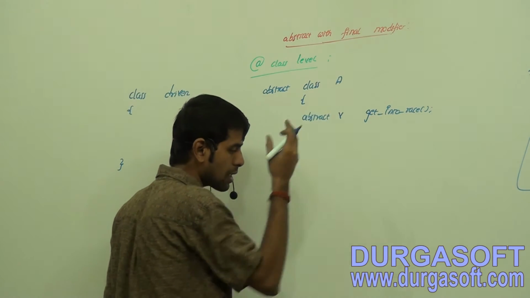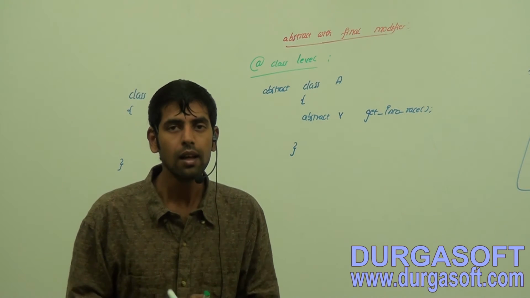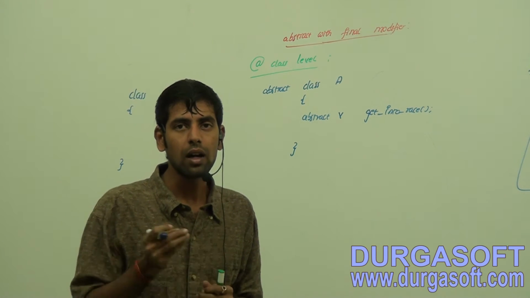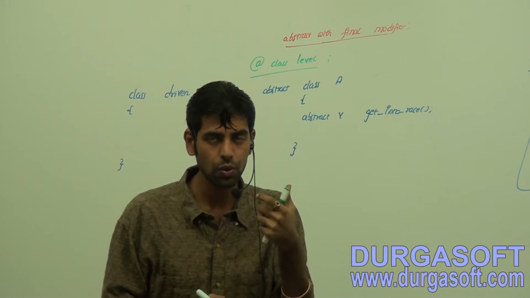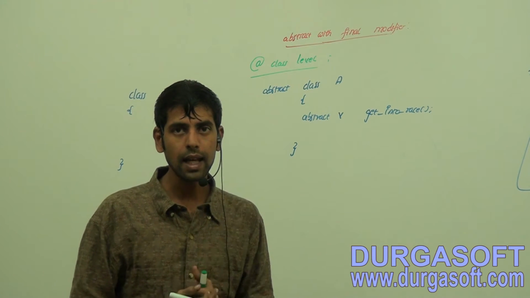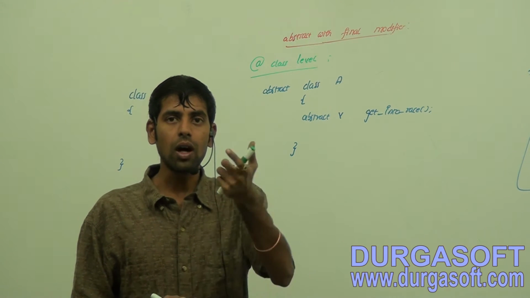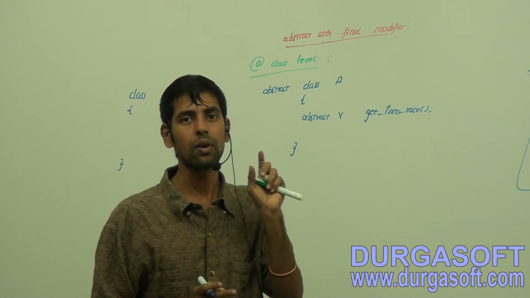Or else let me write one thing. Can an abstract class contain zero or any number of concrete methods? It's a question to you, guys. Yes, an abstract class can contain zero or any number of concrete methods. No issues.